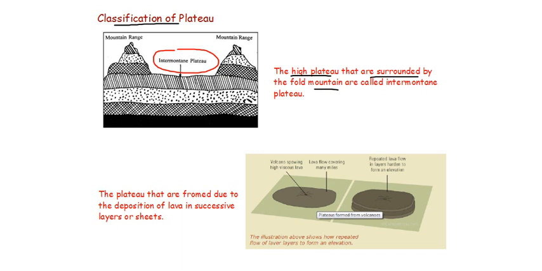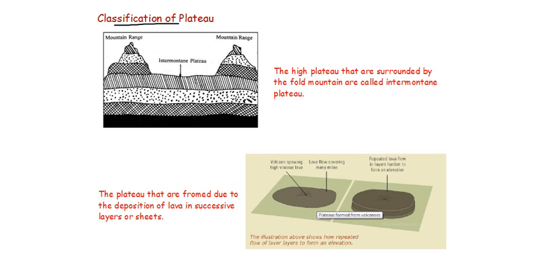As you can see, on all sides of the plateau, we have mountain ranges. So intermountain plateau is that plateau which is surrounded by mountain from all sides.